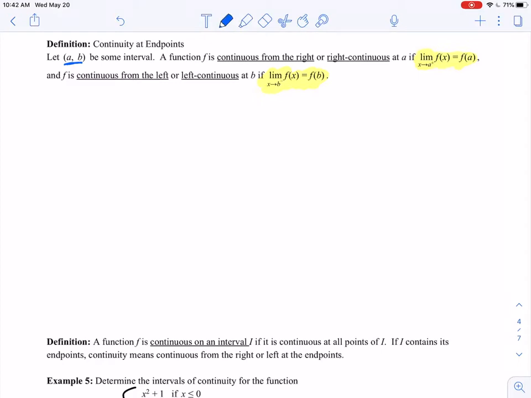So I think some pictures would help here. Let's say I had a function. Let's say here's my interval. Here's a, here's b. In this case, let's have this function exist right here at a, but maybe I have a hole right here, an open circle there at b.